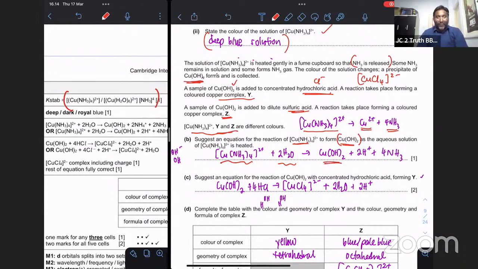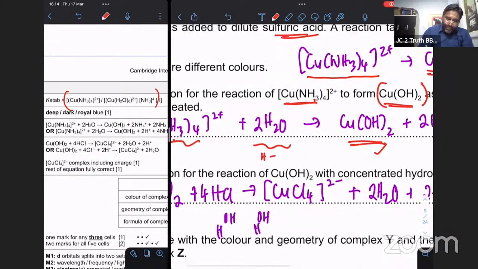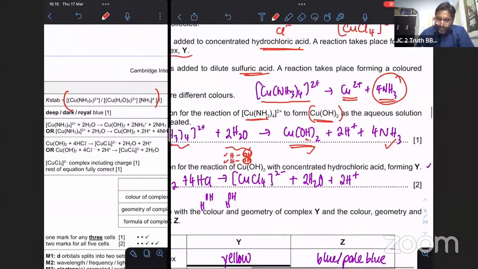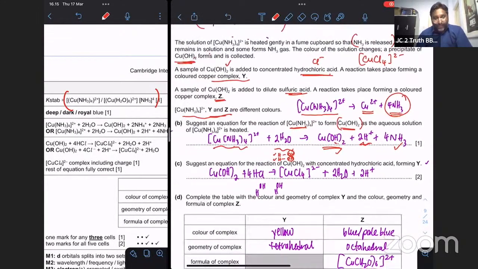Why have I included water? Because I want to form this, and in that process ammonia is going to be released. If I use the OH, you see water, HOH, and I am using 2 OH over here, so this is already used up. So left with what? This 2H plus, which is going to remain.